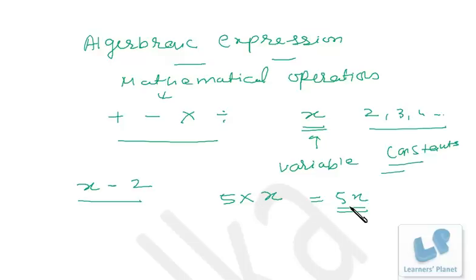So this is an algebraic expression. Okay, so it's very easy. An algebraic expression is constants and variables connected by mathematical or arithmetic operators. Now let's take examples of addition, subtraction, multiplication and division in algebraic expressions one by one.